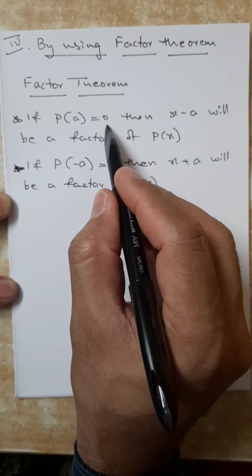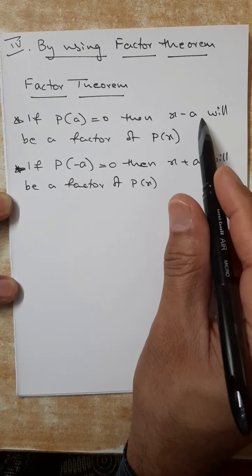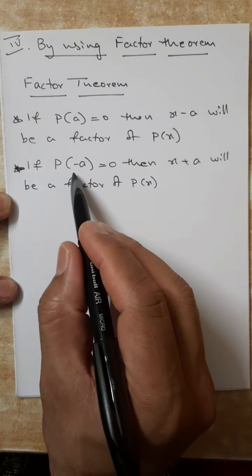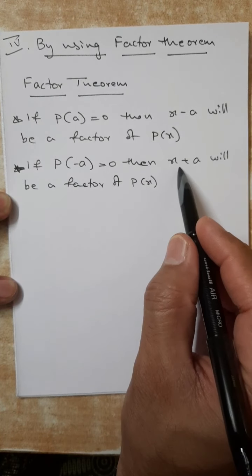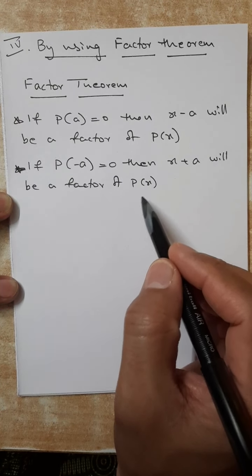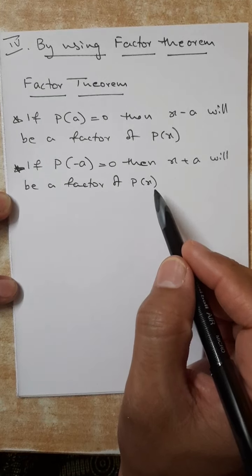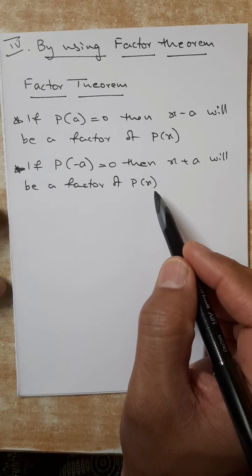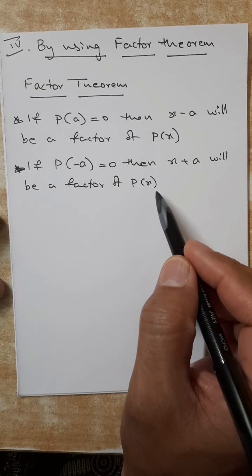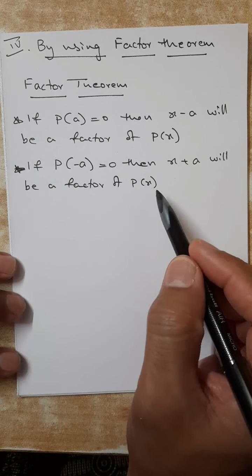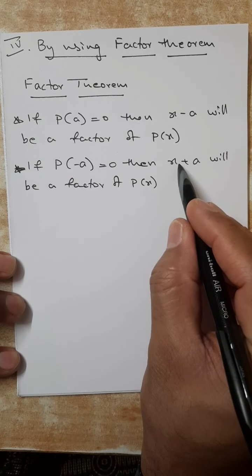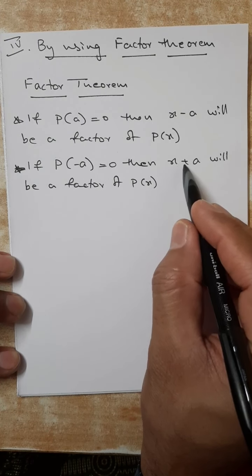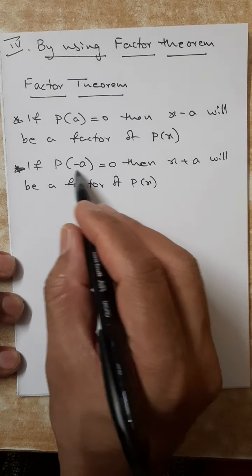If p of a is 0, then x minus a is a factor. Or if p of minus a is 0, x plus a is a factor. It is something like the opposite of the remainder theorem. In the remainder theorem, when we divide with x plus a, the remainder is p of minus a.